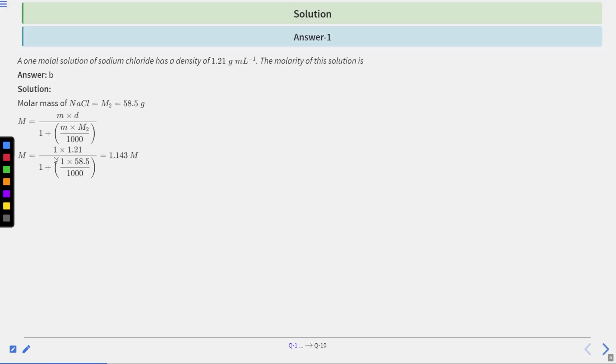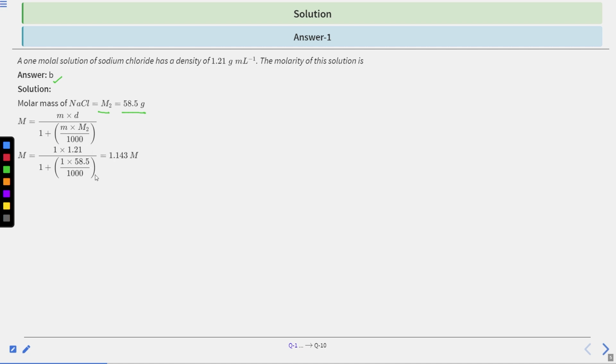Okay, so the correct option is B. The molar mass of NaCl, let's suppose it is M2, is 58.5 gram. We can calculate the molarity of the solution by the relationship between molarity, molality and density, which is molality multiplied by density upon 1 plus molality into the molar mass divided by 1000.